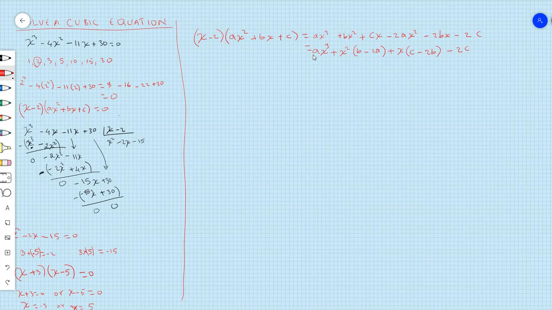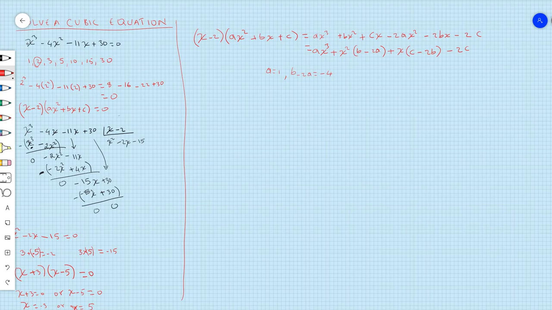So our a here, what does a correspond to in the old equation? It's 1, right? That's why we didn't write anything there. So we know our a equals 1. Now on the x squared term, we have b minus 2a, and that equals -4 in the original equation.